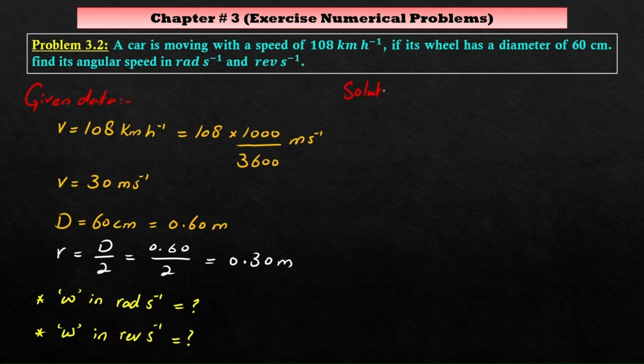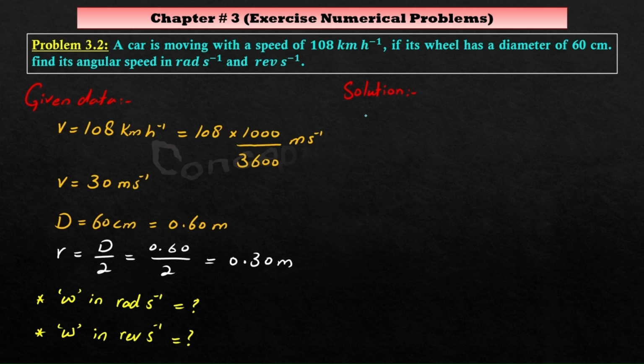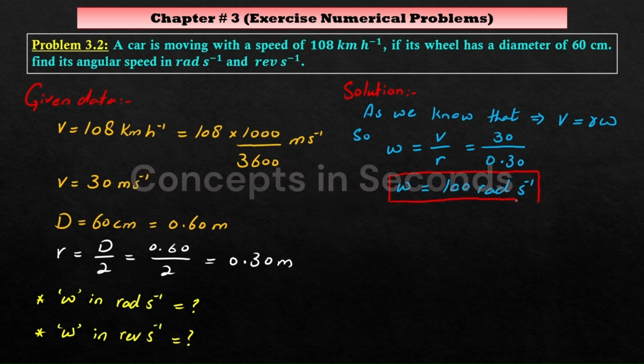Solution. As we know that V is equal to R omega, so omega is equal to V over R. By putting values of V and R in the above formula, it will be equal to 100 radian per second. So the first answer is 100 radian per second.